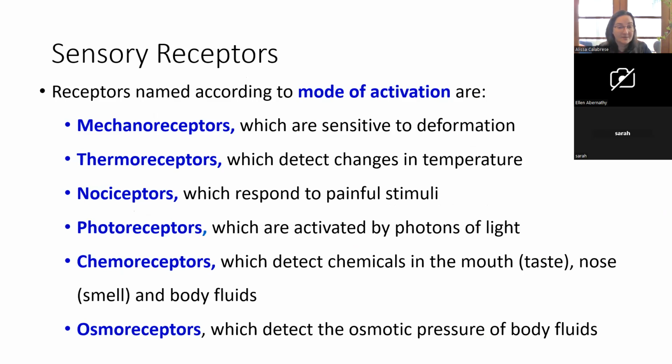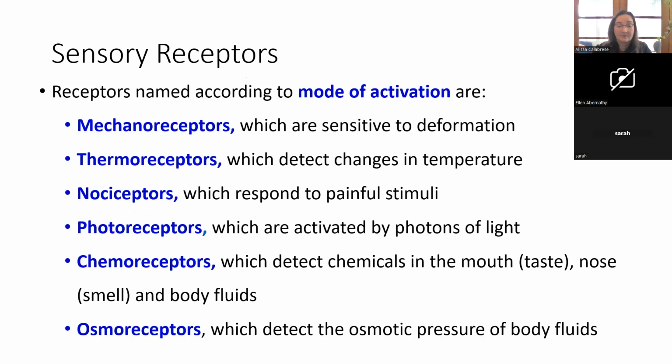And we've got a bunch of different sensory receptors. Mechanoreceptors are neurons that are sensitive to deformation. When I touch my skin, the shape of the cells there changes, which triggers an action potential in those mechanoreceptors, and they send a signal to the brain. Thermoreceptors detect changes in temperature. Nociceptors detect pain.